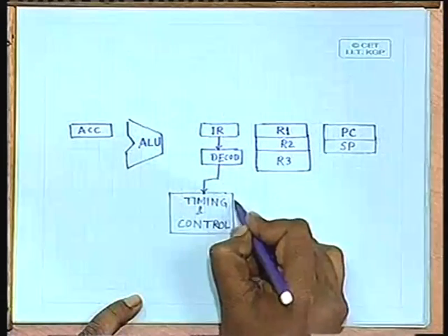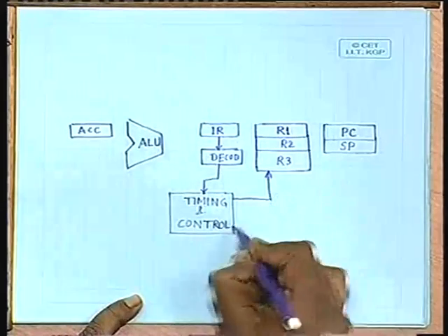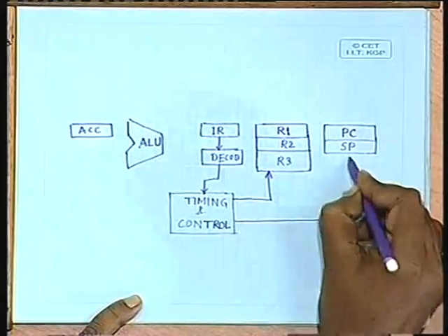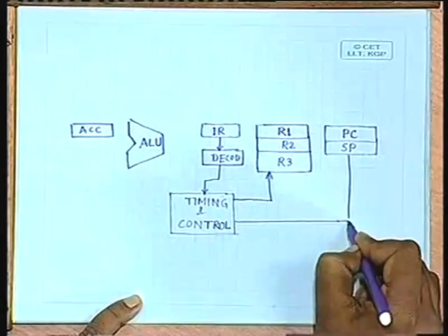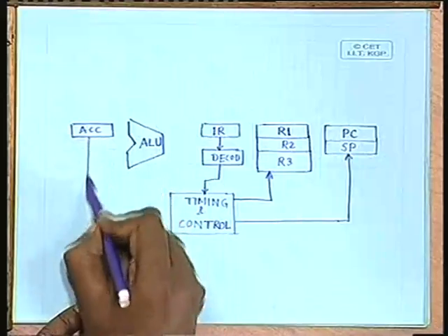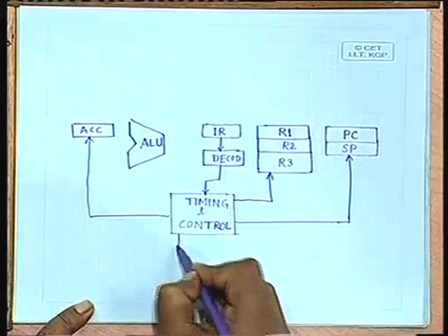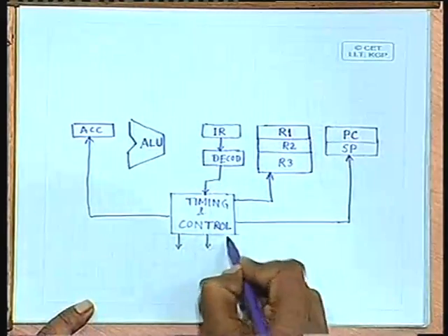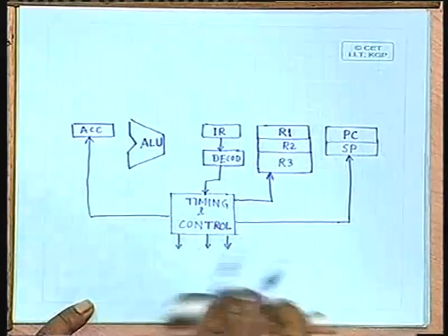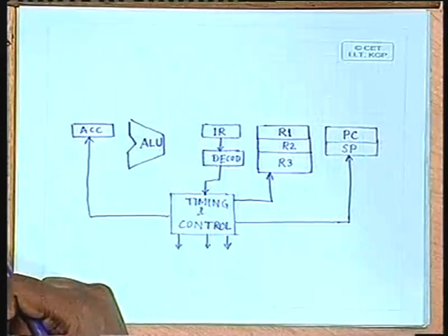All the units in the CPU get the control signals from the timing and control unit. There are various such control signals generated by the timing and control unit, and these are distributed to all other units in the CPU.